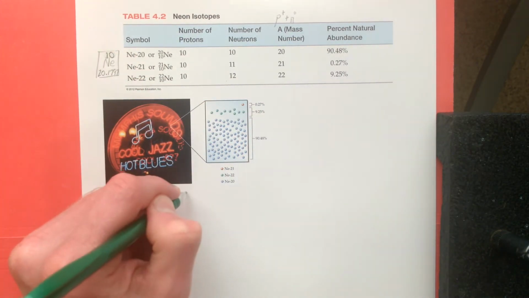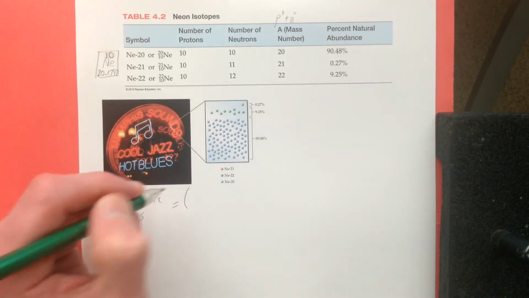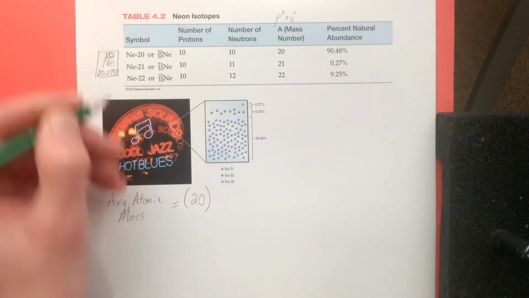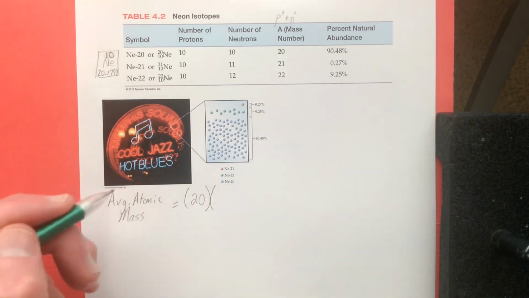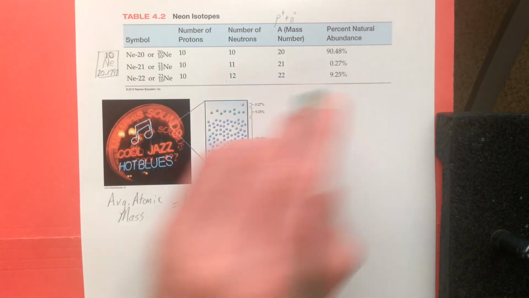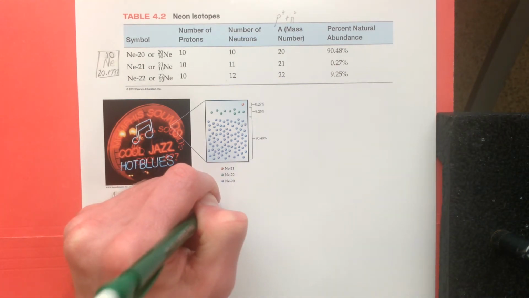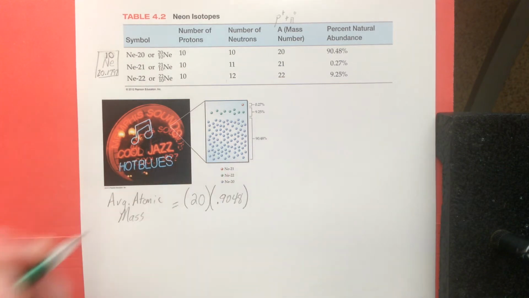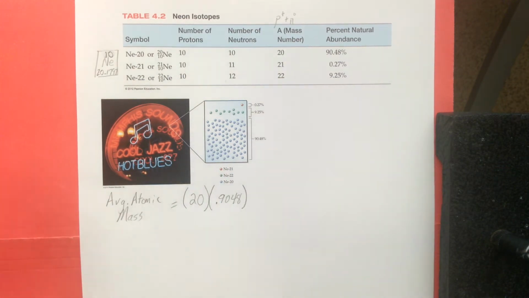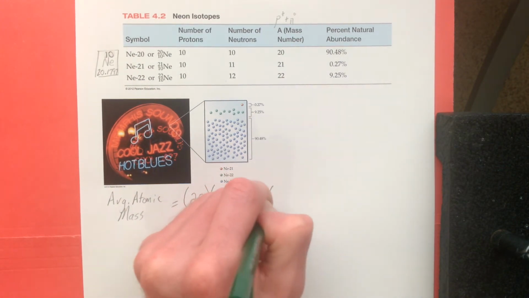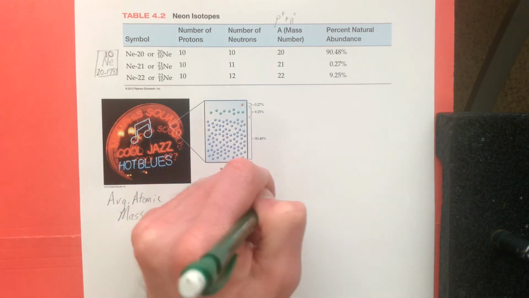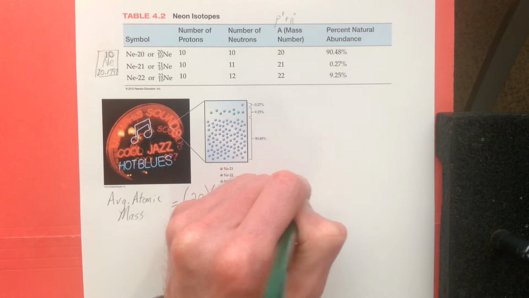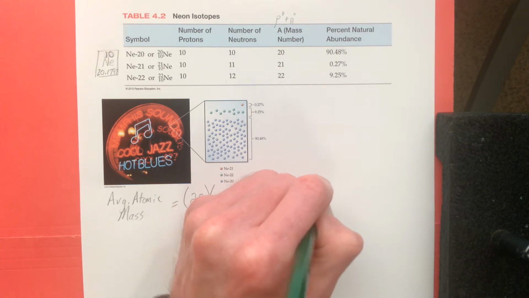Okay, so to calculate that, it looks like this. You take the mass number of each one, so 20 for this first one, and you multiply it by the percent abundance. Now this percent abundance, I am changing it back to decimal form. Notice I'm putting 0.9048. And then you add to that the second isotope with the mass of 21, an abundance of 0.0027.